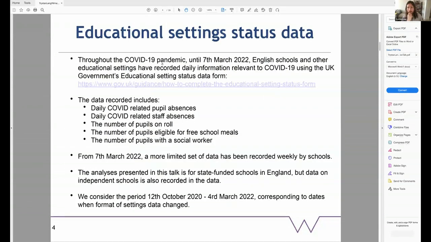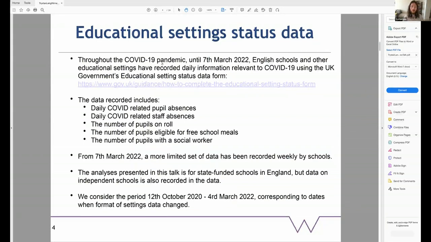And throughout the pandemic, a range of data has been collected at the school level, which we refer to as the educational setting status data. Until March this year, English schools recorded daily information relevant to COVID-19 using the UK government online portal.